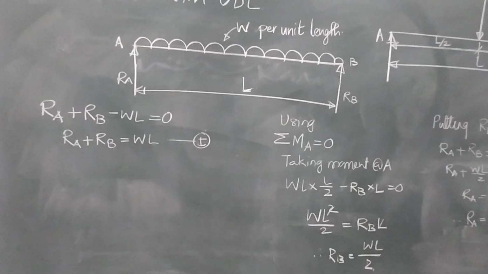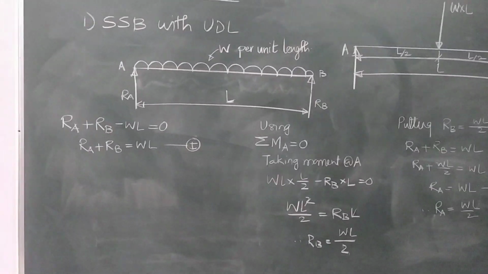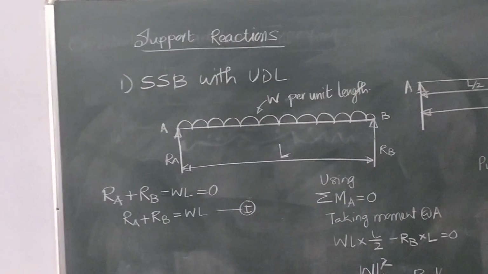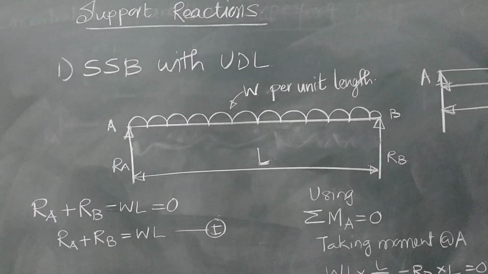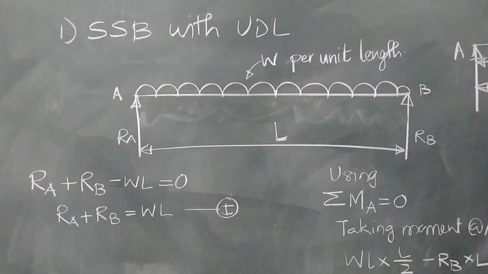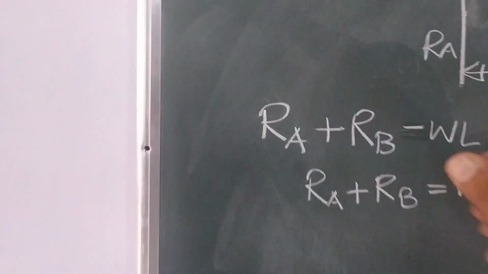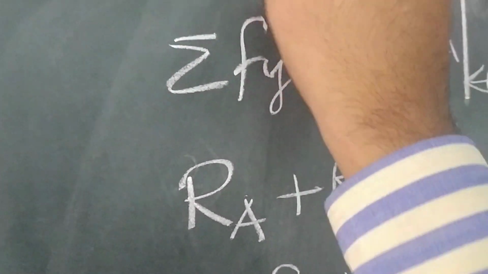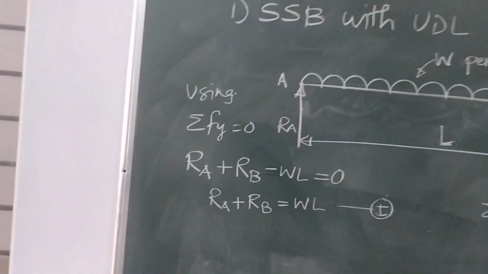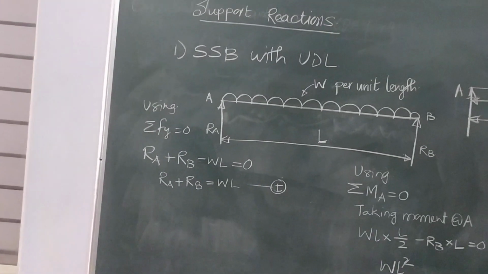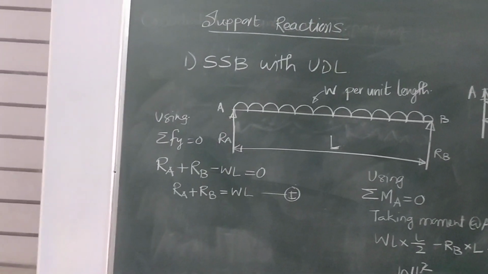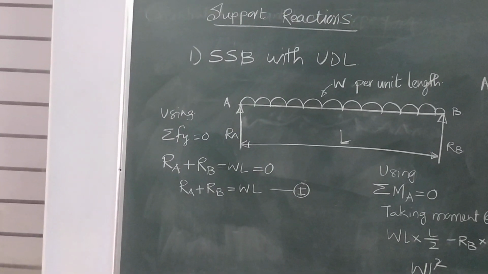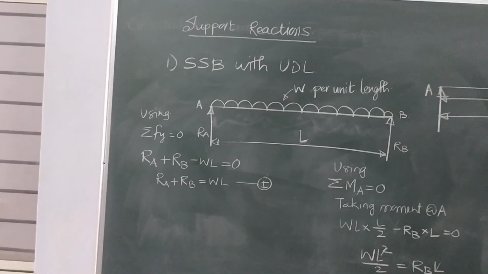Summation Fx equal to 0 has nothing to do with this system, because in the x direction there is no force. Using summation Fy equal to 0, we get RA plus RB minus WL equal to 0, or RA plus RB equal to W into L.